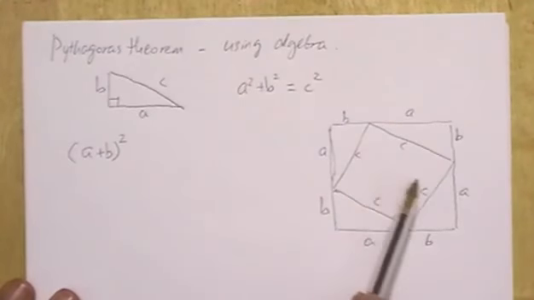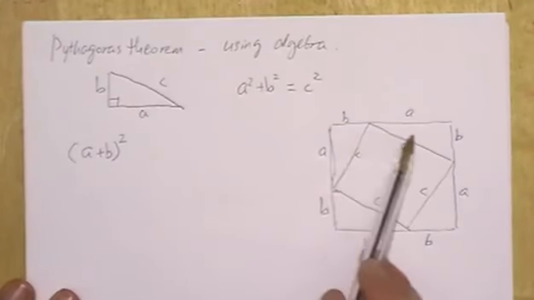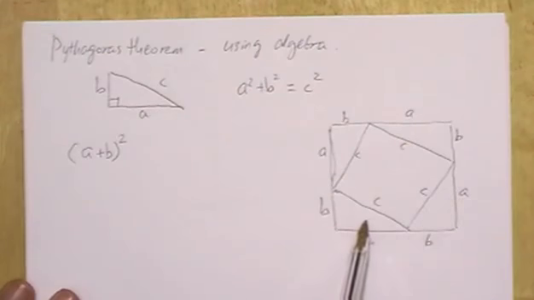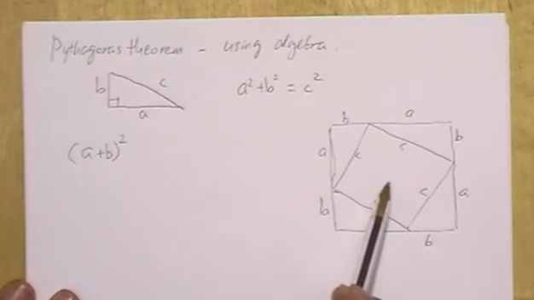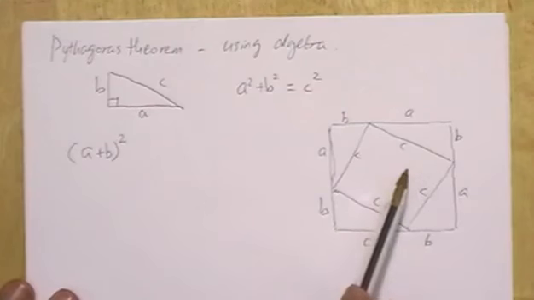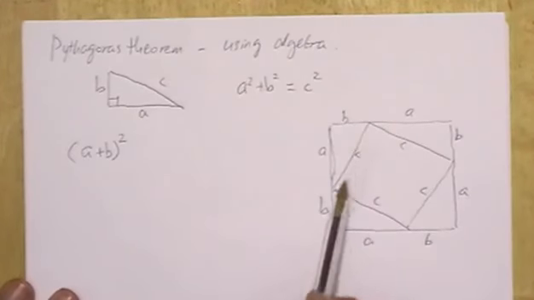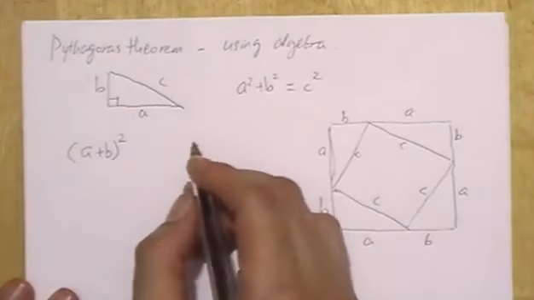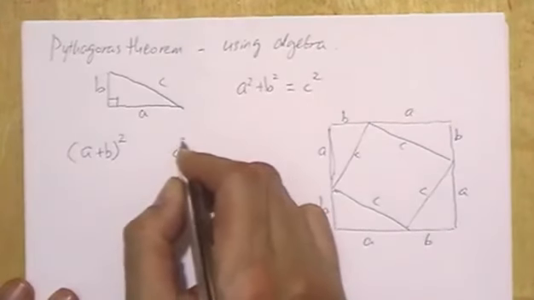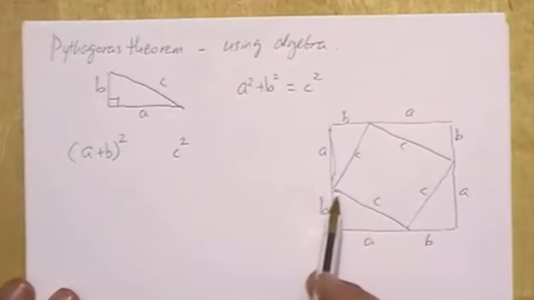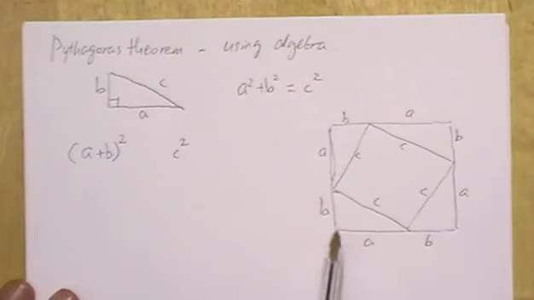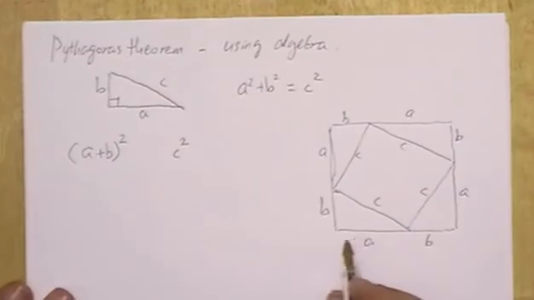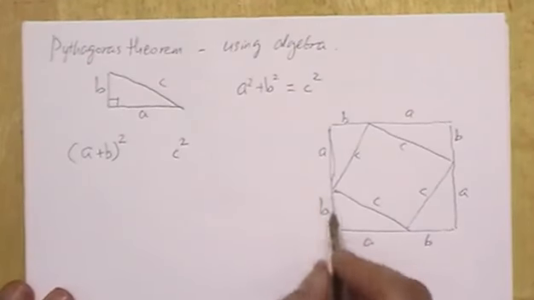Another way is to add up the separate figures inside the square. That smaller square has an area of C squared. Now, each of these triangles would have an area of half base times height.